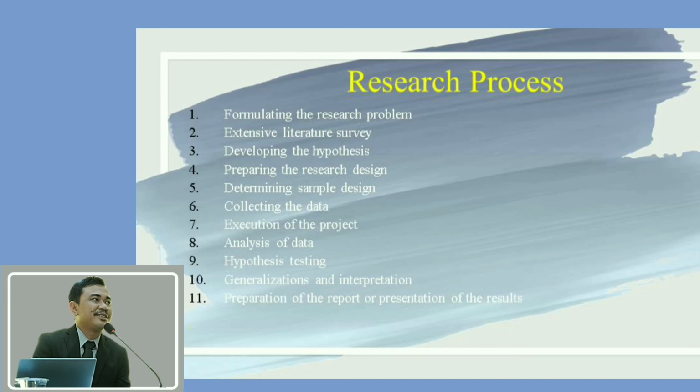And then what you need to do when you start a research, you need to start being a good reader. You have to survey the literature. You have to study the literature. What is relevant to my interest? What theories? Which article? Who is the expert? And so on. In experiment or quantitative research, it is common to have a hypothesis.